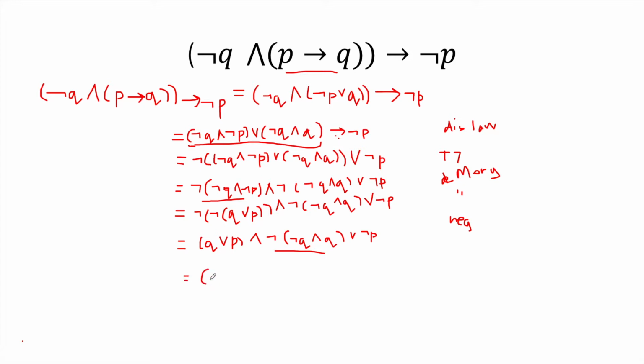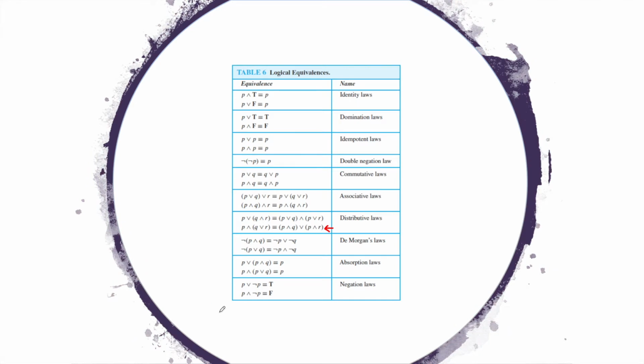So now it will be Q or P, and negation negation Q, and then R negation Q, R negation P. And then here we can rewrite all this presentation by using commutative law.